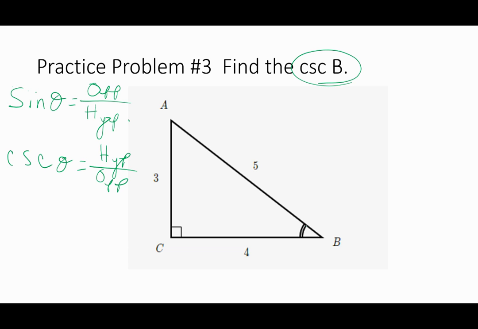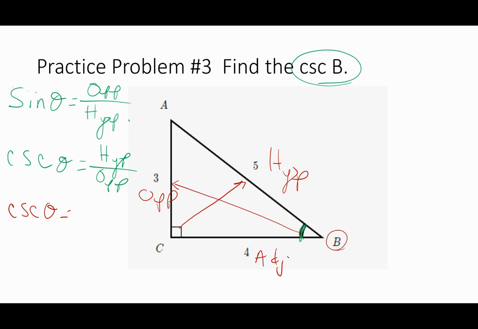We do the same thing. Our reference angle is B. The one across from our reference angle is our opposite, the one across from our 90 degrees is our hypotenuse, and the one that's left is our adjacent. So the cosecant of that angle measurement is 5/3.